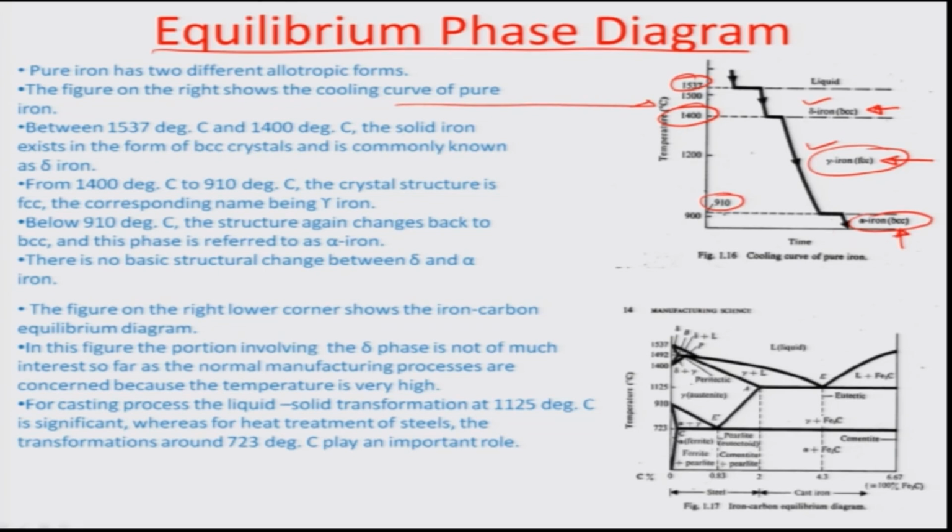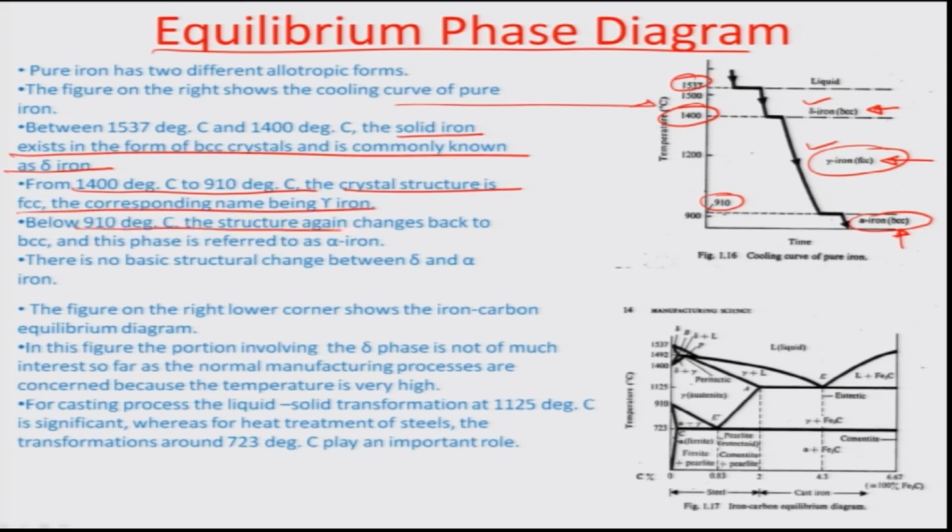So, from 1400 to 910 degrees Celsius the crystal structure is FCC corresponding to gamma iron, and below 910 degrees the structure again changes back to BCC, and this phase is referred to as alpha iron. So, you are adding an additional complexity to this whole paradigm by giving two different structures at different temperature ranges.